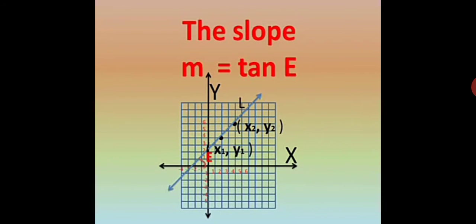If it is given the positive angle which the straight line makes with the positive direction of the x-axis, say it is angle E, then the slope m equals tan E, the tan of the angle which the straight line makes with the positive direction of the x-axis.